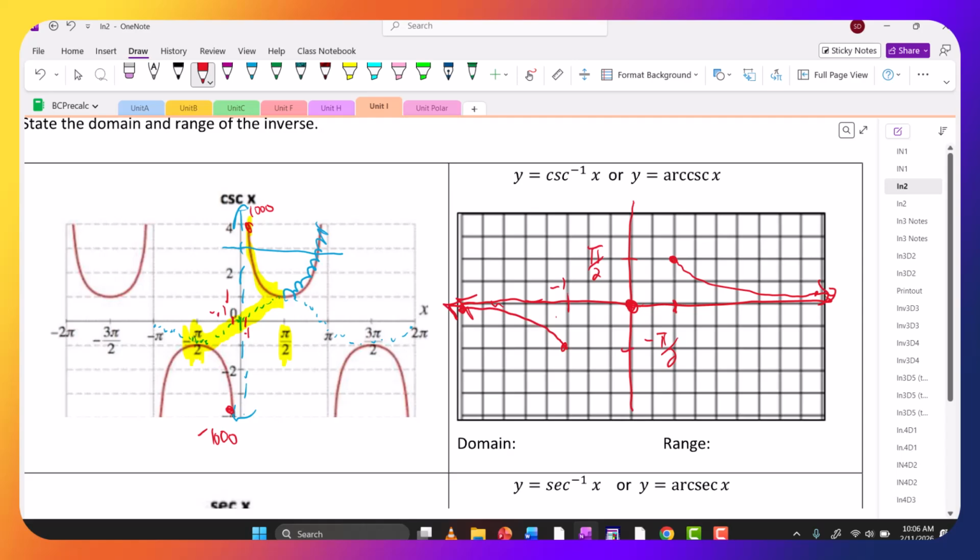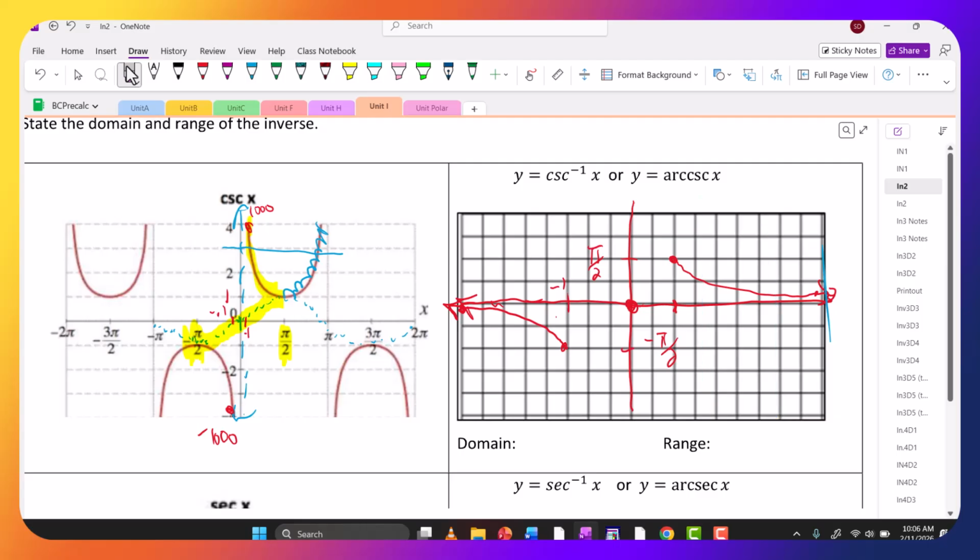And that is the only part of the inverse of cosecant that you can graph. If I graphed more, then it would fail the vertical line test. This passes the vertical line test. So all the mathematicians are happy. I told you, that's what we need to do. We like functions, all right?